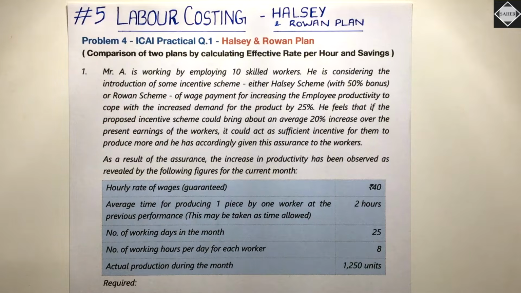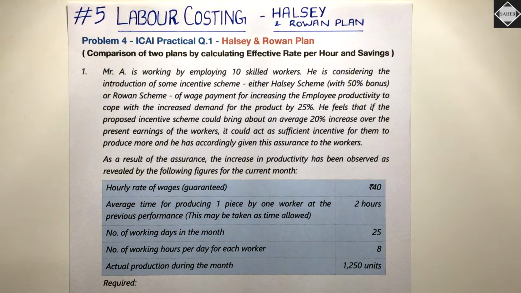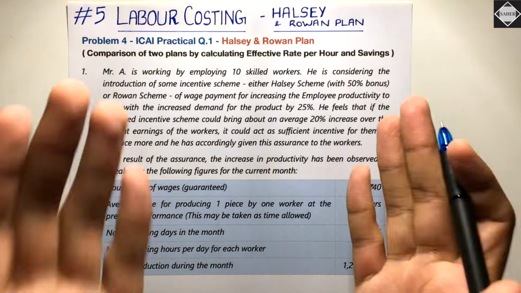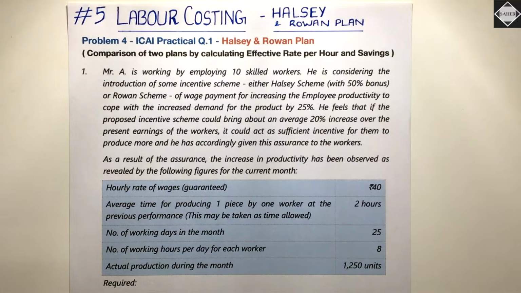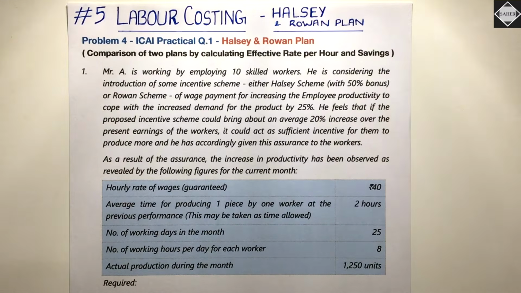So we have to compare Halsey and Rowan by calculating the earnings under both plans, then the effective rate per hour, and then the savings for the business. That's the entire question.